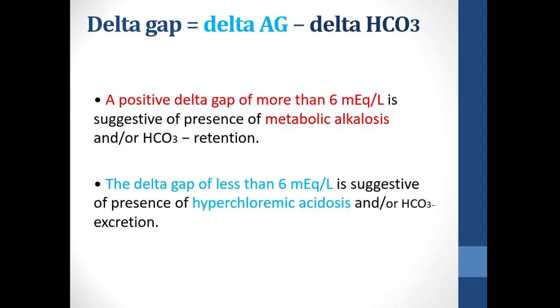There is metabolic acidosis due to addition of acids, but there is still additional HCO3 present. So there is associated metabolic alkalosis. A delta gap of less than 6 is suggestive of hyperchloremic acidosis or HCO3 excretion. The number 6 is written in some references; in other references they say it is just 0.